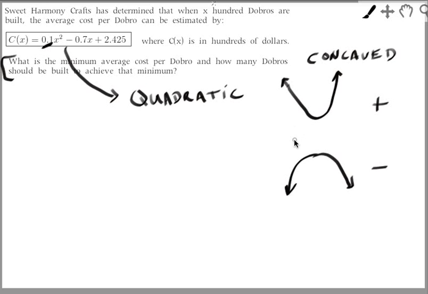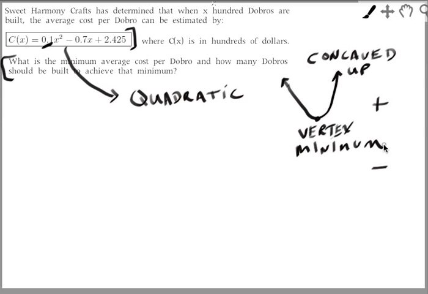Now, what we're after here is a minimum, and in terms of the parabola that we're given here, the coefficient is positive, and so it is concaved up, and we call the vertex, or the turning point, a minimum when we reference it against the xy axis.